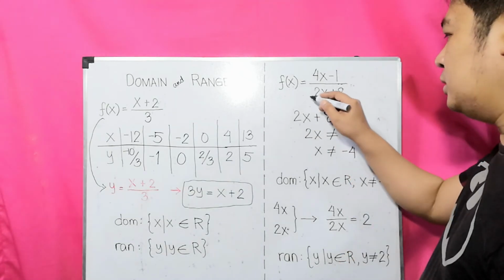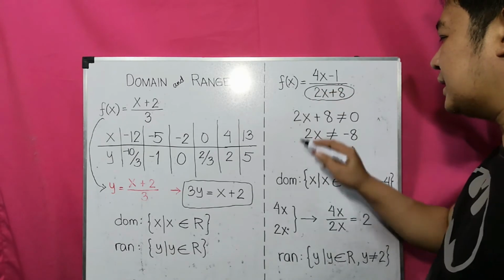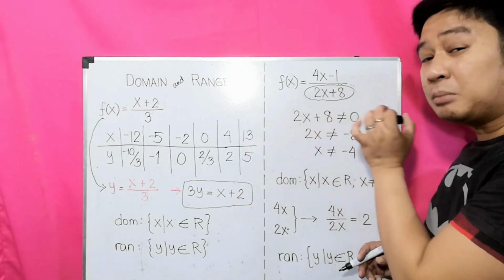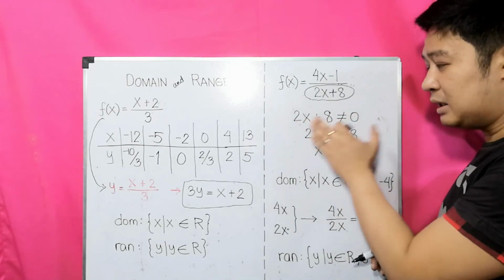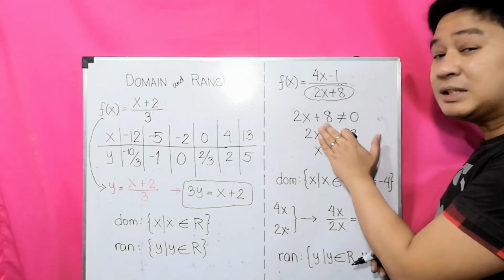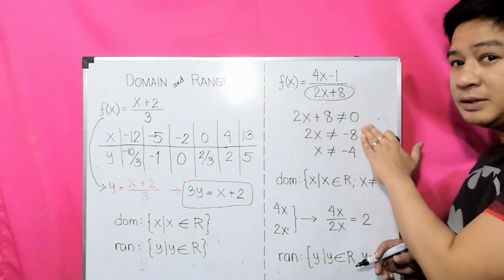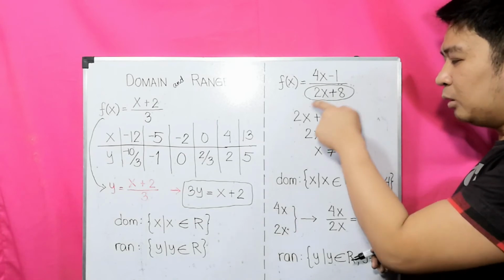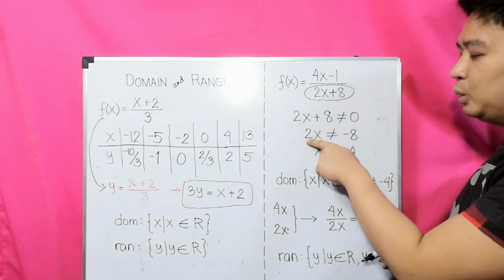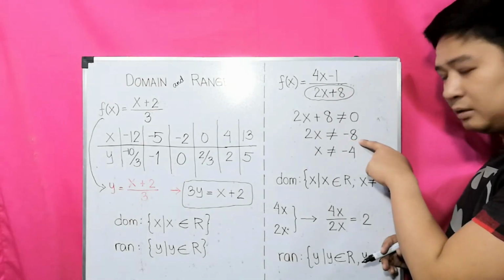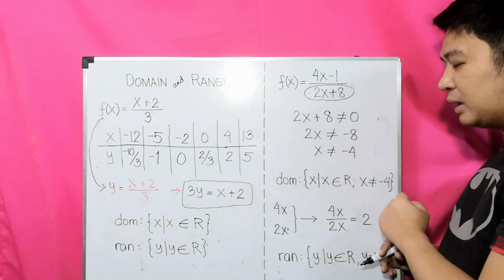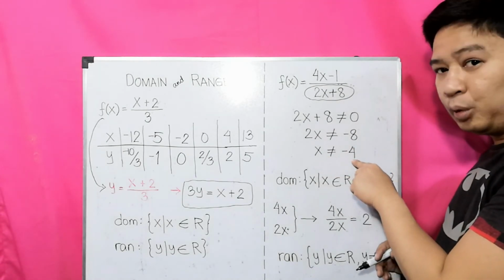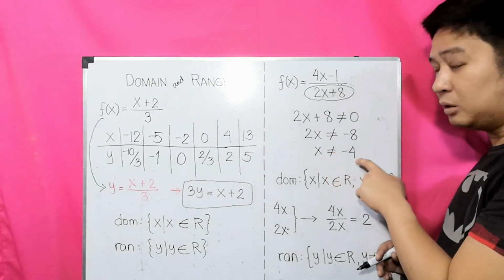So let us focus on the denominator of our rational function, that is 2x plus 8. As I've said, our denominator should not be equal to 0. That is why I write here 2x plus 8, which is our denominator, should not be equal to 0. Just like an ordinary equation, we can transpose this 8 to the right side of the equation. So we have 2x is not equal to negative 8, and if we simplify this by dividing both sides by 2, x is not equal to negative 4.